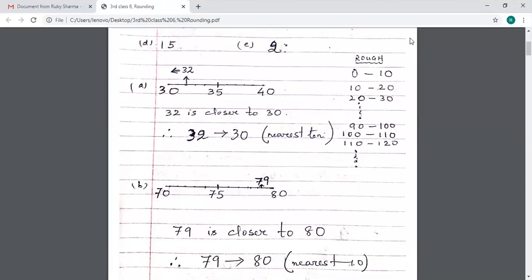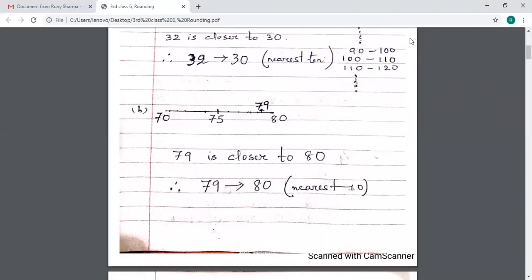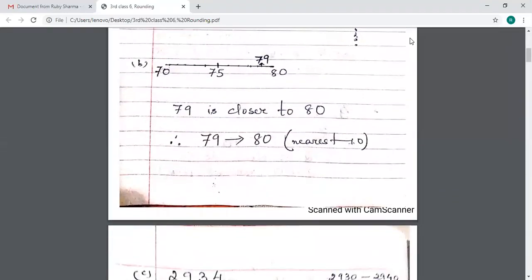Now if we have to round off 79, 79 is in between 70 and 80. So why are we taking a part of the number line? Because the number line, a whole number, starts from 0 and it continues till infinity. It is not possible for us to draw the whole number line. So we select that part from 70 to 80.